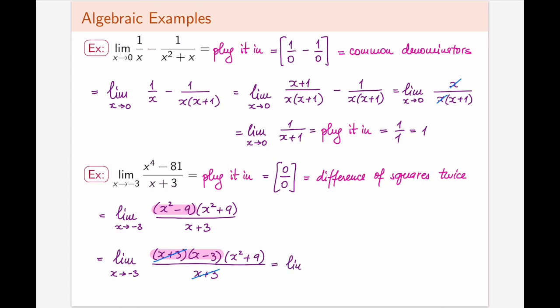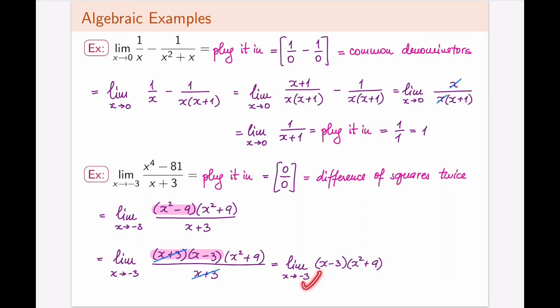So overall, what I'm going to have left is the limit as x approaches negative 3 of x minus 3 times x squared plus 9. Now, I know that I'm almost certainly successful in simplifying the original issue away, because I no longer have a denominator here.